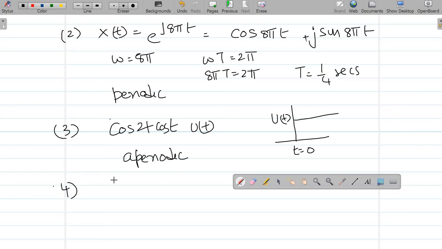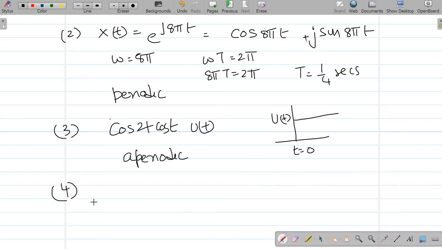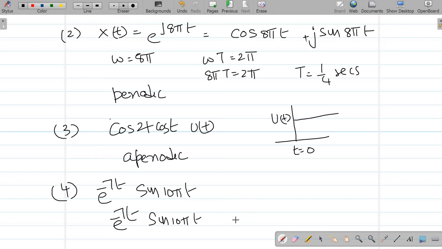Okay, next we take up the next one. Let us try to find out whether the signal is periodic. Now sine 10 pi t is periodic. There's no doubt about it. But the moment it is multiplied by an exponential term, it becomes aperiodic.